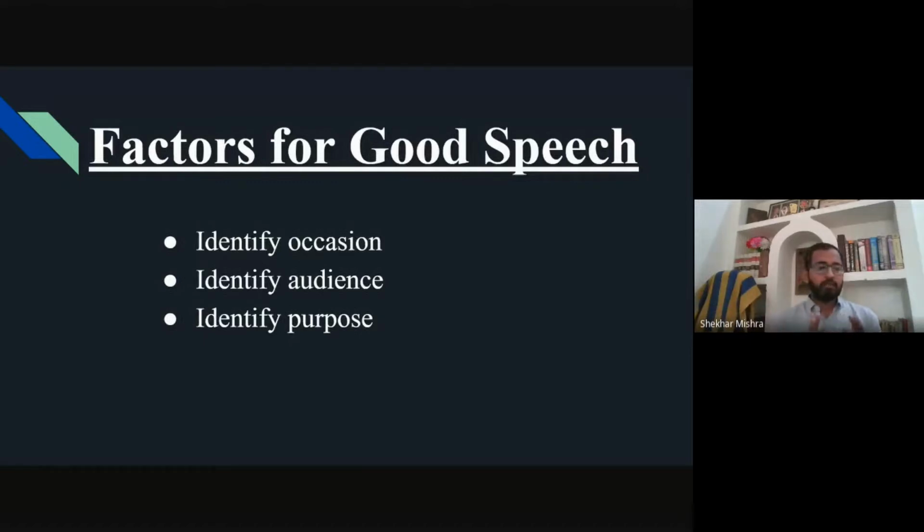We have to identify all these things. The occasion dictates not only the content of a speech, but also duration, time, and expectation of the audience. Suppose you are going to make a speech for Independence Day, then you have to prepare it accordingly.